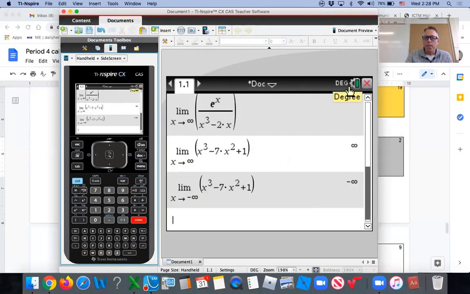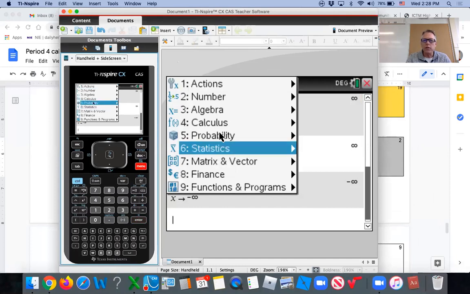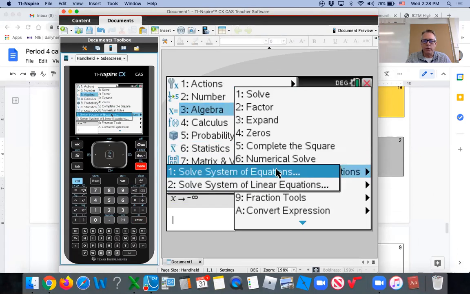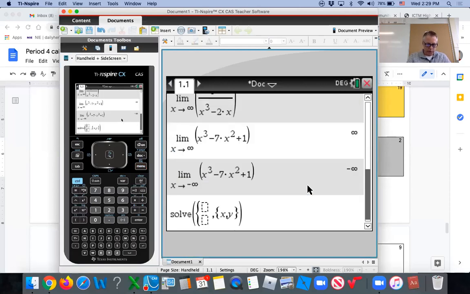So here we go. On my graphing calculator, on the Inspire, I could go to menu, and I could go to algebra and solve system of equations. All I've got to do is type it in. This has 2 equations and 2 unknowns. The first one was 2.4x minus 1.5y is equal to 0.3.